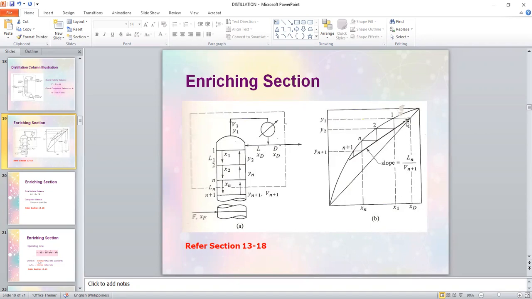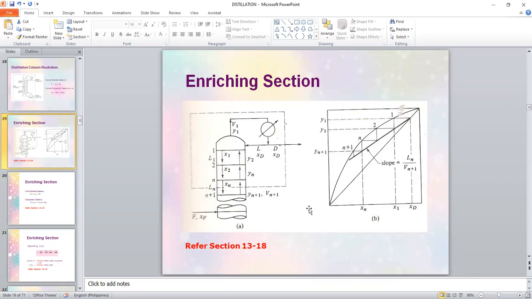Then, together with that X sub d projected on this particular X-Y line or 45-degree line, you use either the slope or the y-intercept of the enriching section operating line. This is in section 13-18 of your handbook.